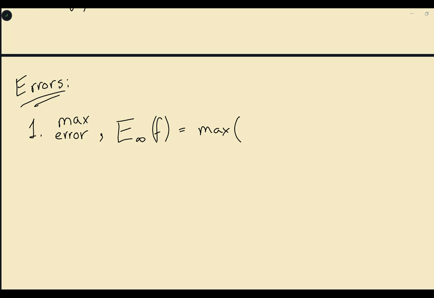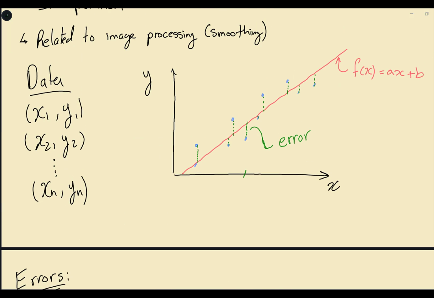From the name you can see that it's essentially the maximum error that we get between the line that we drew and the data points that we have. To find this, we would have to check all of the absolute values of the errors that we drew in green here.